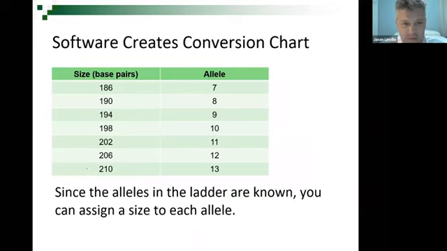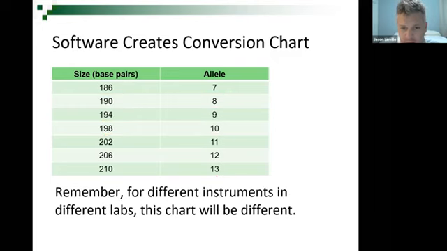So we ran the allelic ladder and we have 186 equals 7, 190 equals 8, 194 equals 9, 198 equals, et cetera, et cetera. Run the allelic ladder first and you get a table. Now we run our samples.